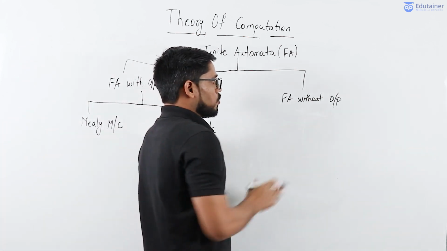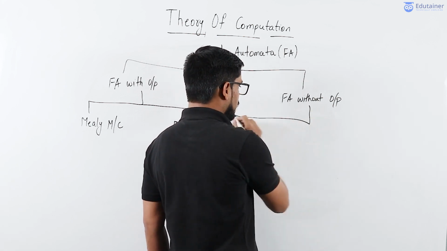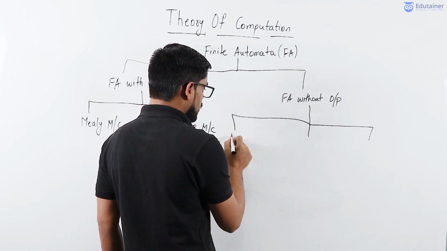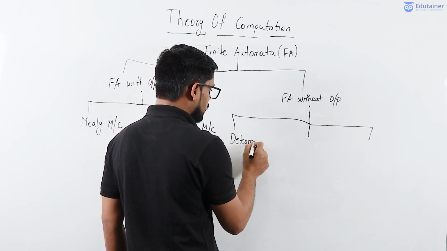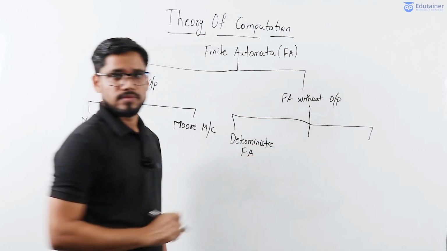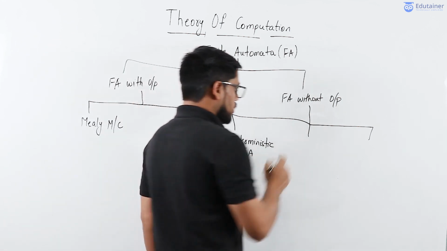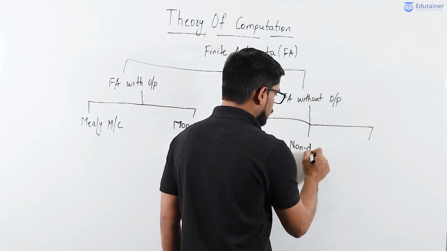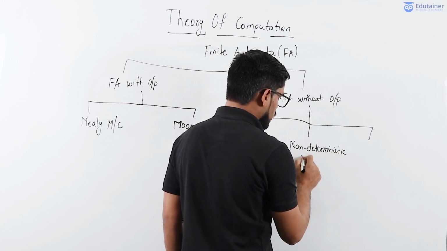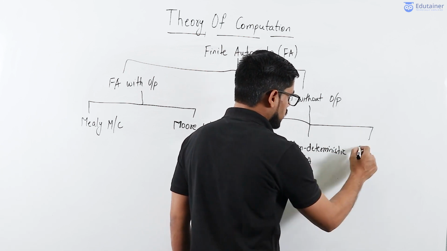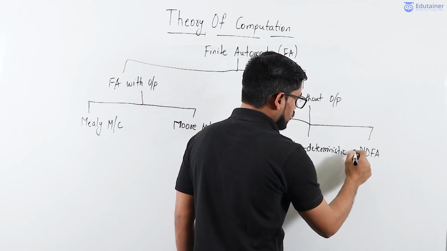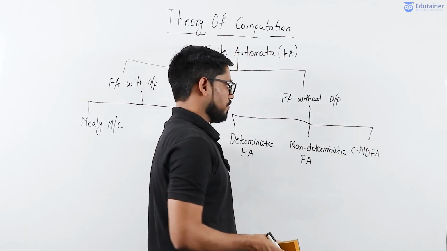The next one is finite automata without output. It is classified into three categories. One is deterministic finite automata. The next one is non-deterministic finite automata, and the last one is epsilon non-deterministic finite automata.